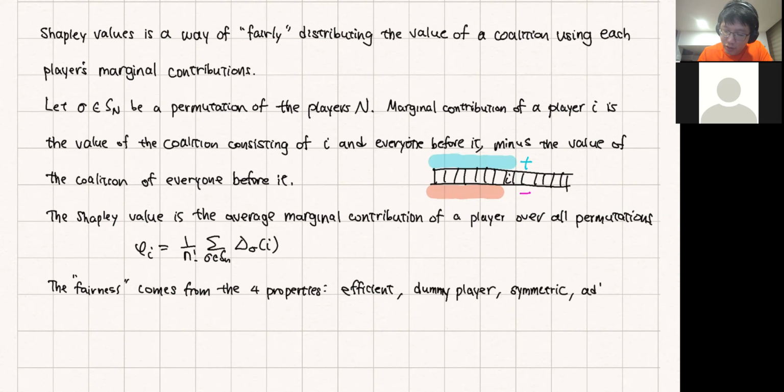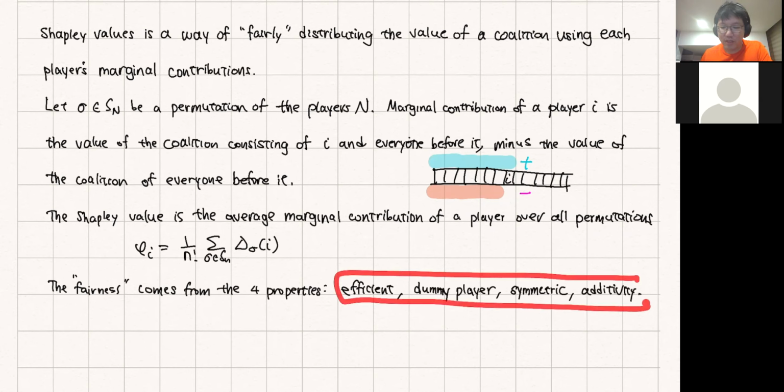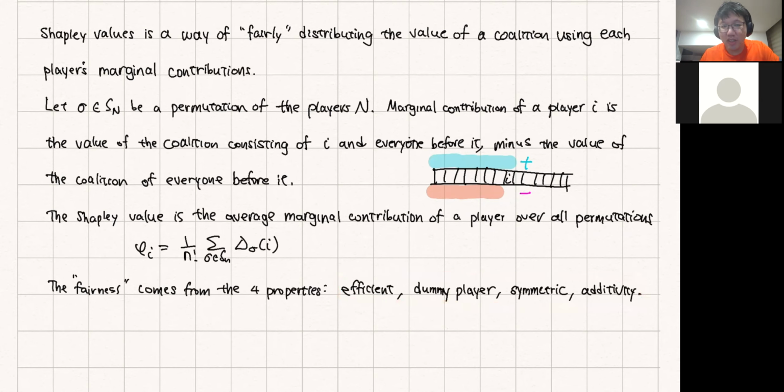And the strange one is additivity: if you take two games and add them together, the Shapley values will also add together. This one is not as obvious why it is important, but the important thing is that the Shapley value is the only function that satisfies all four of these good properties when distributing the value of a coalition.